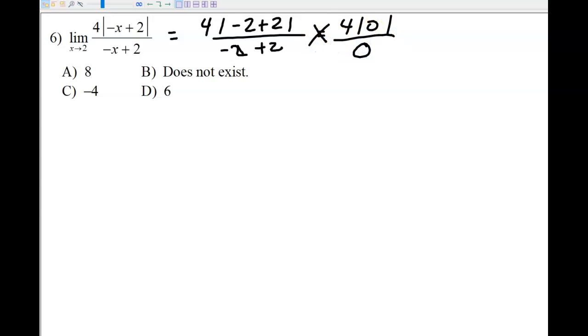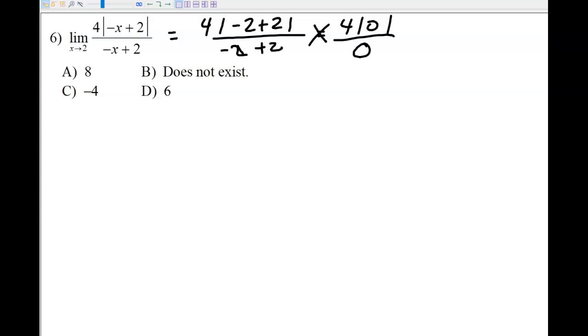So we can't even really say it equals that. You can't say it equals something undefined, but you can just say you can't use direct substitution. Now that doesn't mean that the limit doesn't exist. It just means that we can't find the limit by doing direct substitution.